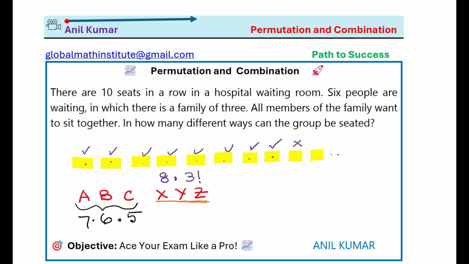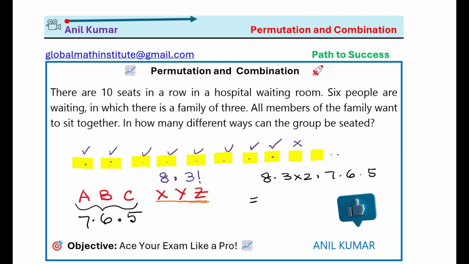So now it's a matter of calculating. Let's calculate the values. We have 8 times 3 factorial times 7, 6, 5. I'll write 3 factorial as 3 times 2. Let us calculate this value using a calculator: 8 times 3 times 2 times 7 times 6 times 5.